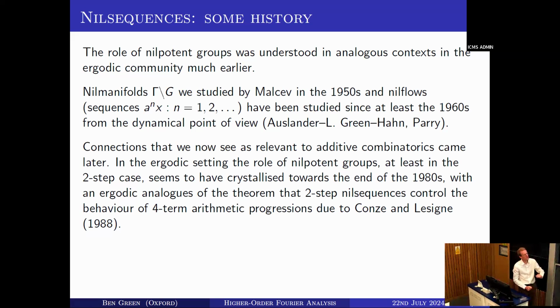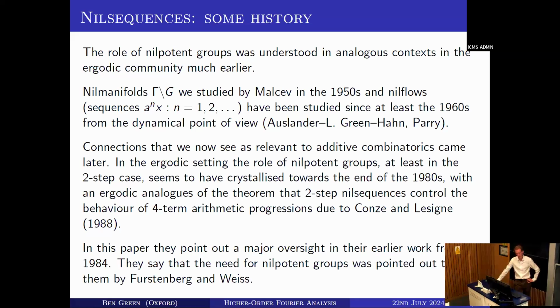But the relevance of nil sequences to some sort of ergodic analog of four-term progressions was seen by Conze and Lesigne. Although, I looked at that paper, and earlier, in 1984, they'd actually incorrectly asserted essentially that if you're interested in four-term progressions, or the Gowers U3 norm in modern language, then only genuine quadratic phase functions are relevant, which we now know is wrong.